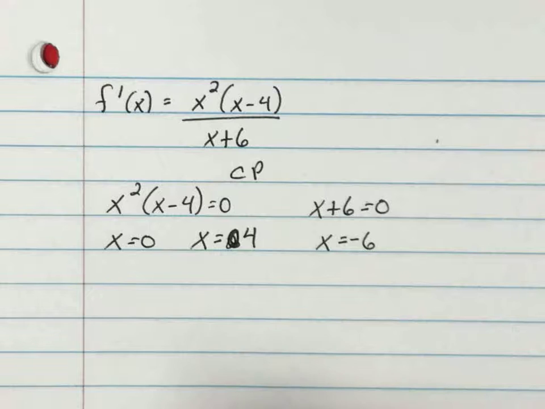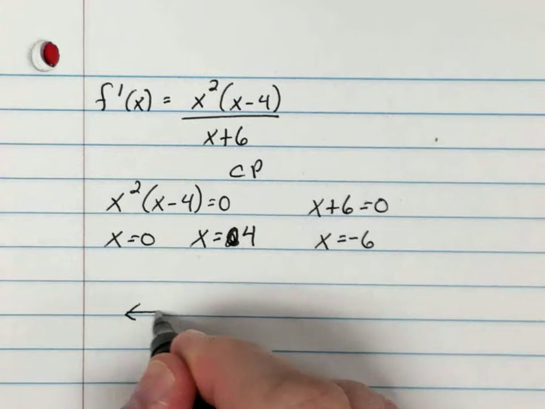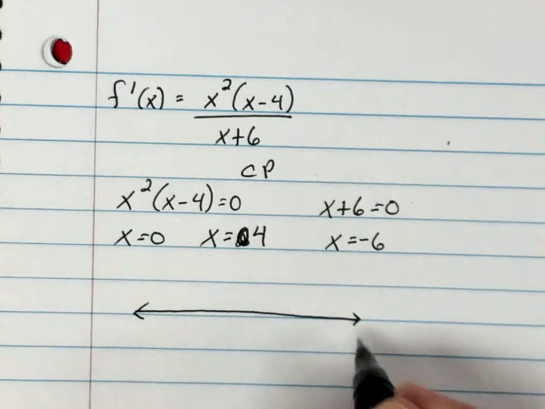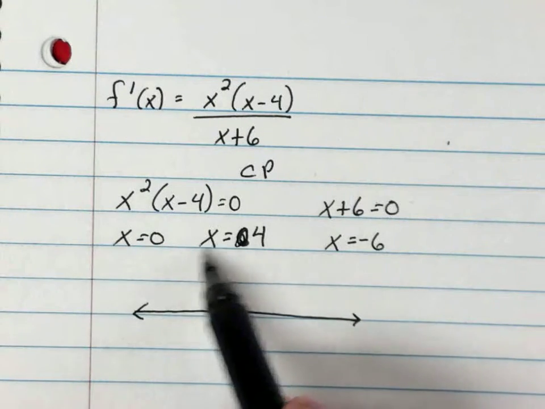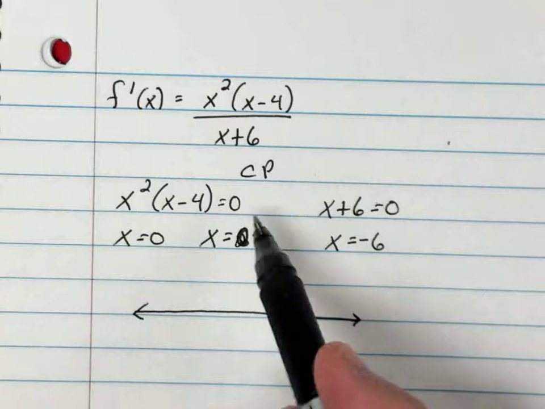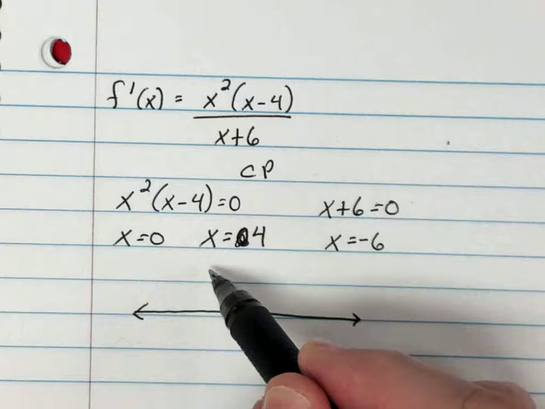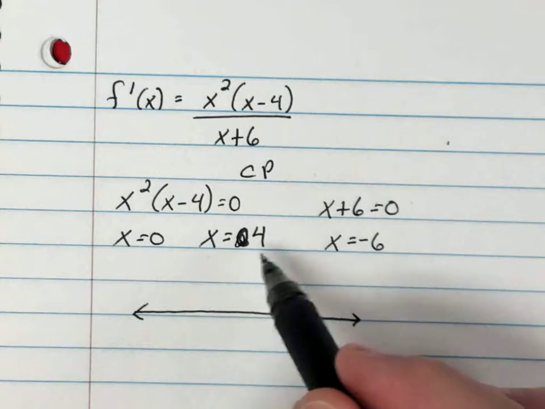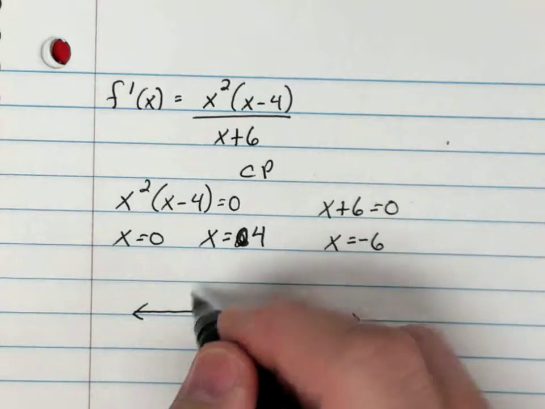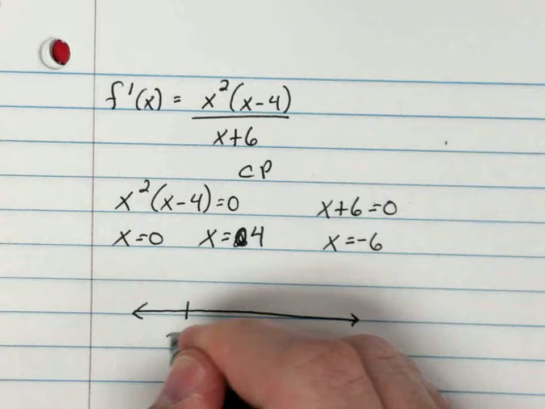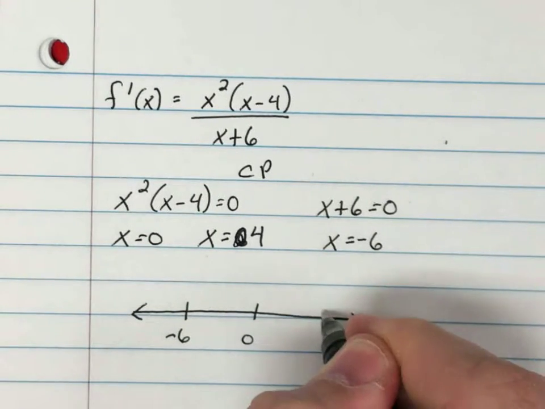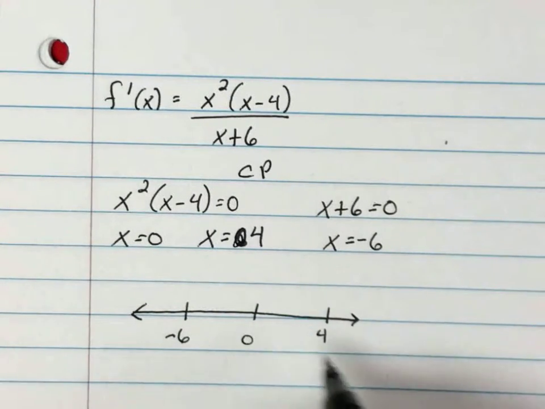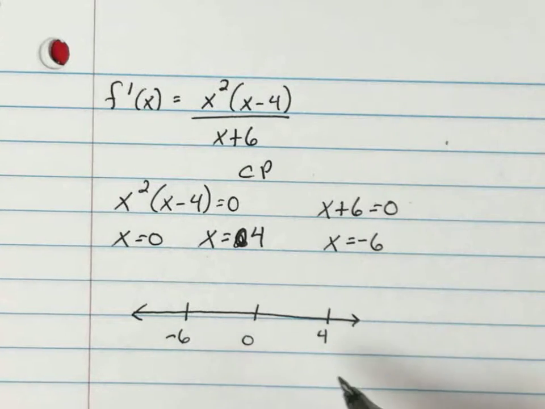Okay, it says, on what open intervals is f increasing and decreasing? Again, reminder, these critical points are possible maximums and minimums. So if you have a maximum and then it starts decreasing again, these are the places where you can change from increasing to decreasing. So you check negative 6, 0, 4, and the intervals in between to find out, is my function increasing or decreasing?